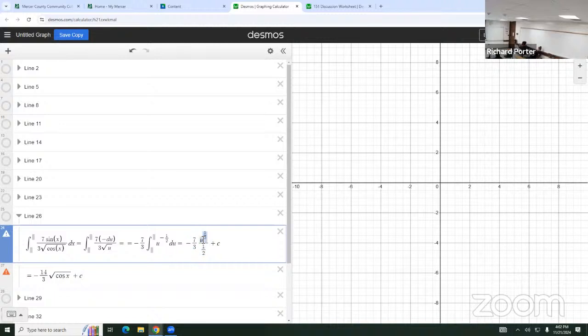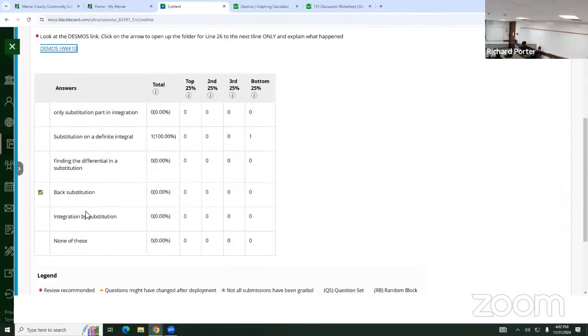They had u to the 1/2, and now they have cosine to the 1/2. So what did they do? They changed the u back to what? Cosine was the original substitution. So this step from 26 to 27 is just that last step of integration by substitution, which is called what? It's called back substitution.